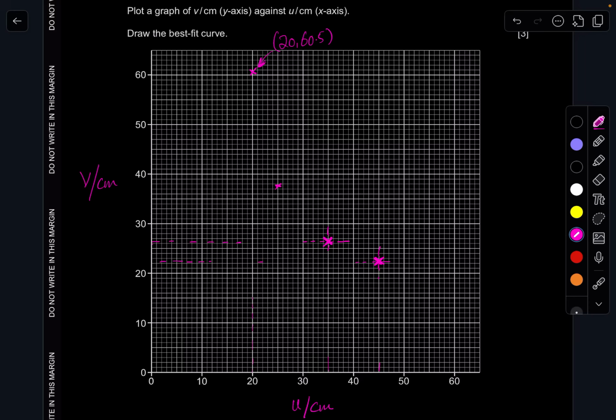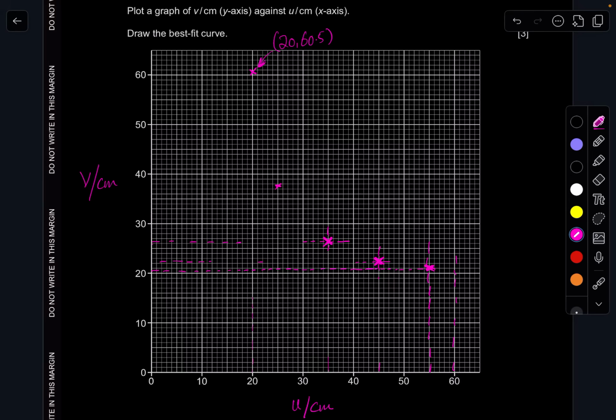So 55 is there, and 20.9 will be almost at this point. Then 60 and 20.2.